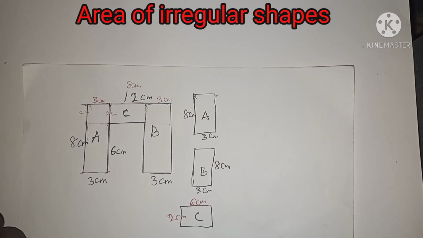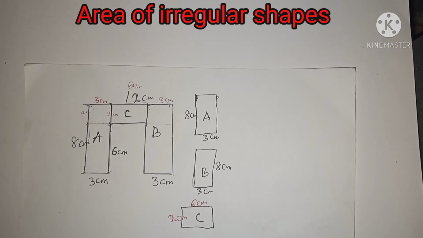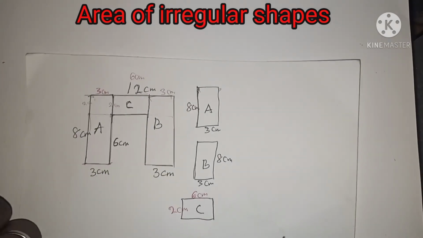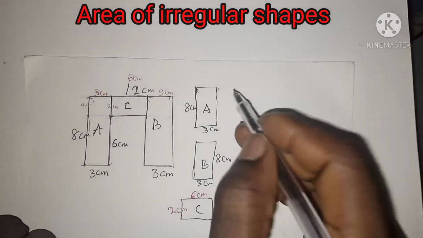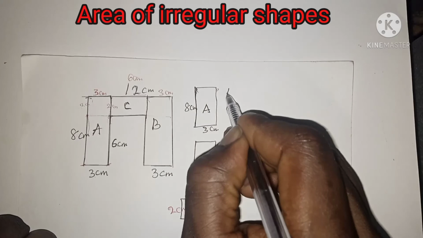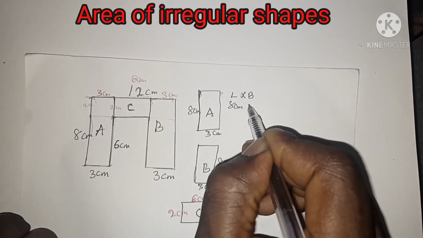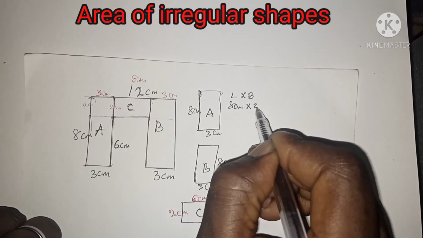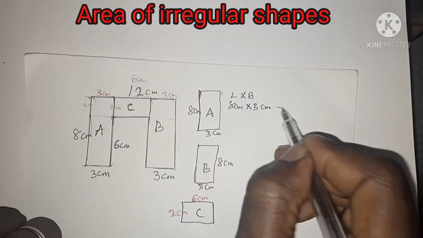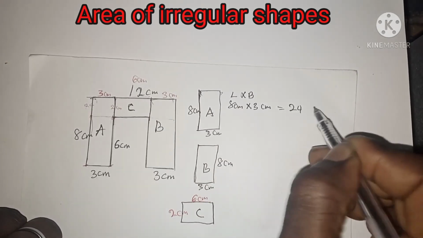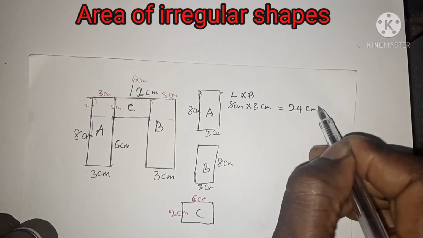Then we'll go ahead and find out the area for each of the shapes. So for A, length times breadth, which is 8 centimeters times 3 centimeters, equals 24 square centimeters.